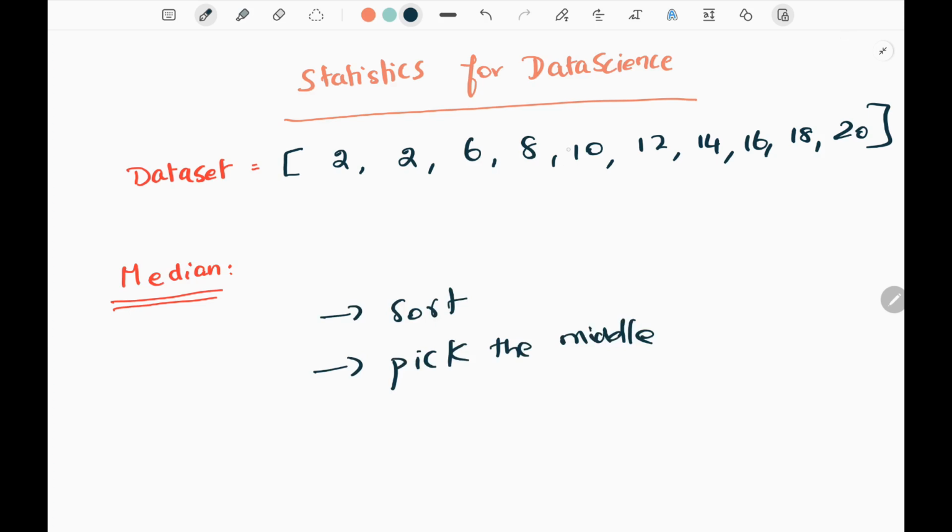So in this case, since there are even number of values, we will end up having two values in the middle, right? So when we have two values, we just need to add these two values. We will be getting 22, right? 10 plus 12 is 22 and we need to divide by 2. We will be having 11. So 11 is the median of this data.